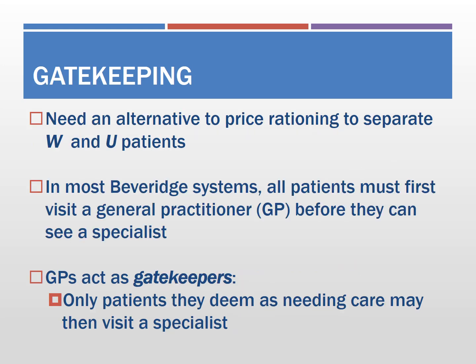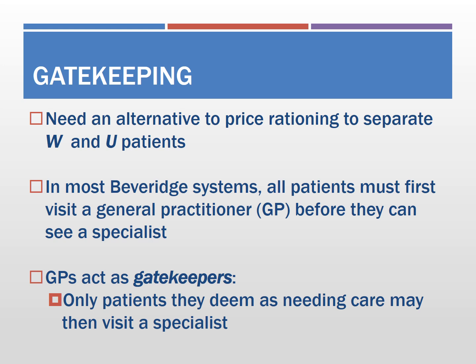If price rationing cannot solve the problem without sacrificing the high benefit, poor and low income patients, then other rationing has to apply in order to adjust for those long queues in the Beveridge system.